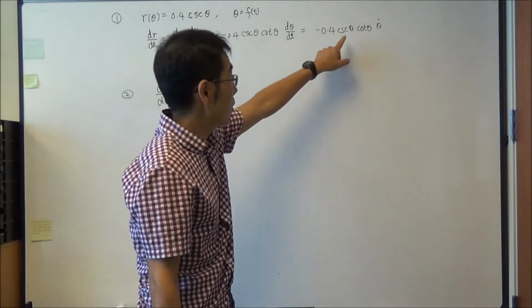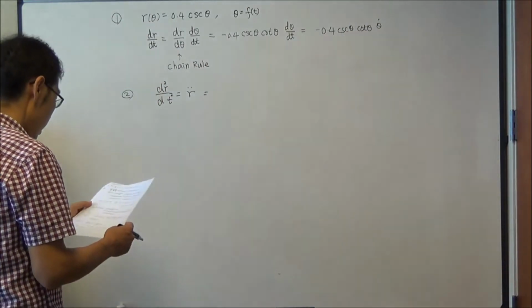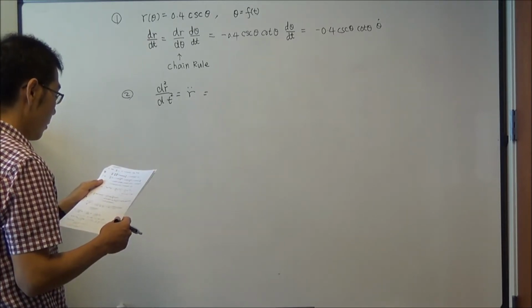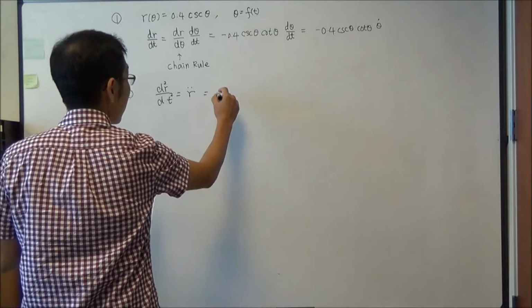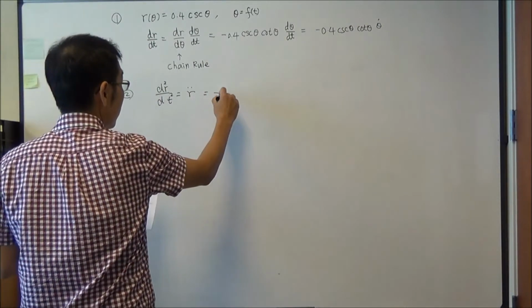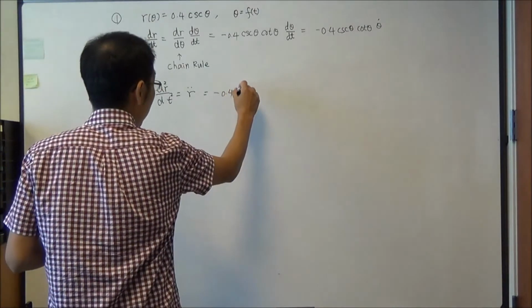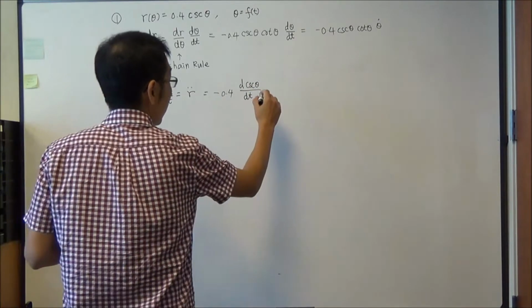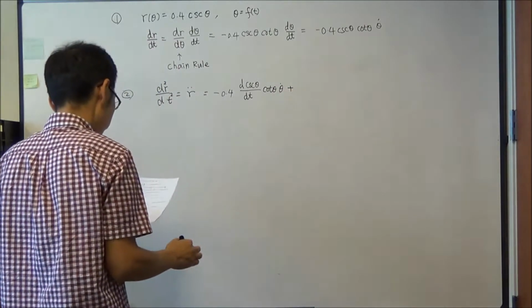So we take care of this one first, then the second one and third one. I want to write down negative 0.4, then d cosec theta over dt, and then cotangent theta and theta dot, plus.